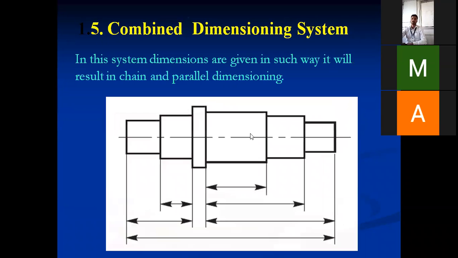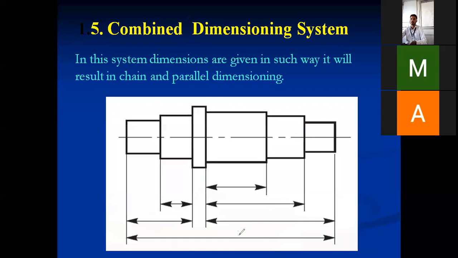After that, the combined dimensioning system. What is this combined dimensioning system? Dimensions are given in a combined fashion. On that day, I gave different digits and asked for certain dimensions. Here, reading the drawing is important. Reading a drawing means getting the dimension. If certain dimensions are not given, we should still be able to get them.